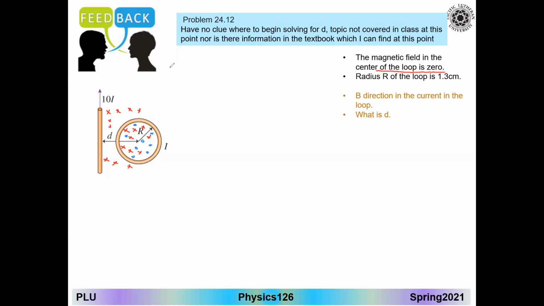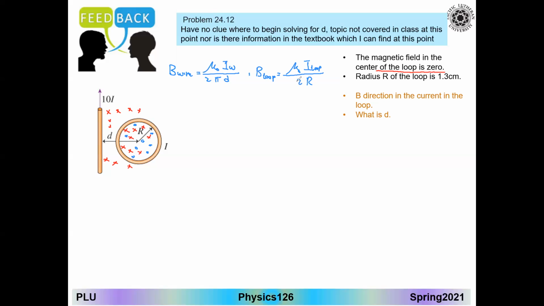Now I have the formula for B wire: it will be mu0 times I wire, call it IW, divided by 2 pi D, where D is the distance. And B from the loop is mu0 times the current that goes through the loop, divided by 2R, with R the radius.